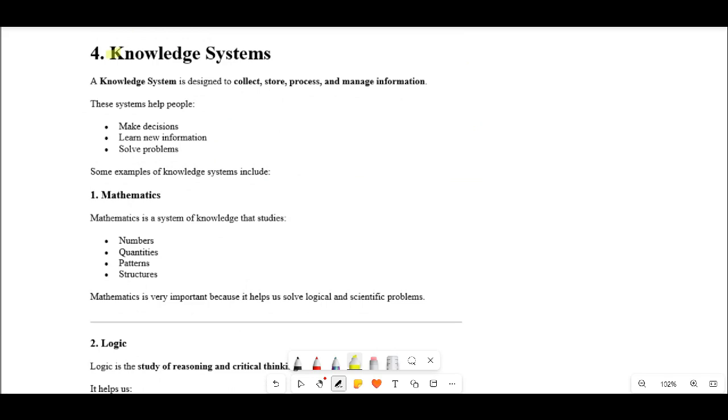Now let's learn about the knowledge system. A knowledge system is designed to collect, store, process and manage information, and these systems help people in making decisions, learning new information and solving problems. Some examples of the knowledge system include mathematics.